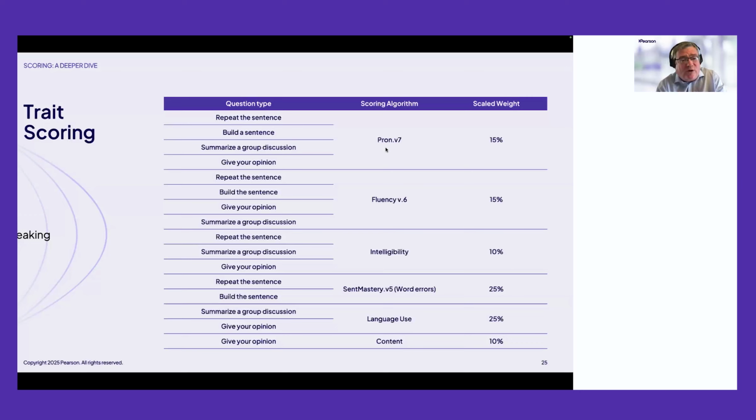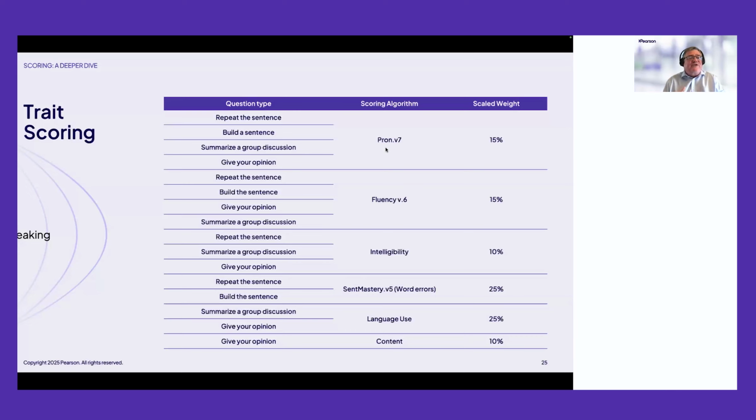So it's not just one measurement of how well did you repeat that sentence. From that repeat sentence item, and there are 10 to 12 of those on the test, we can get information about pronunciation. We can get information about fluency. Okay. We can also get information about intelligibility. So how the person is actually speaking and their ability to speak.